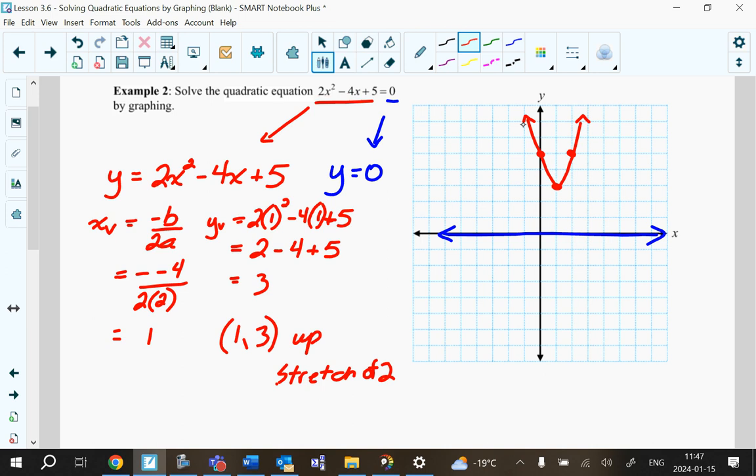Which means, is there a solution? No solution. You need to write that. And if we solve this using the quadratic formula, we would end up with a negative under the square root. Because that means no solution.